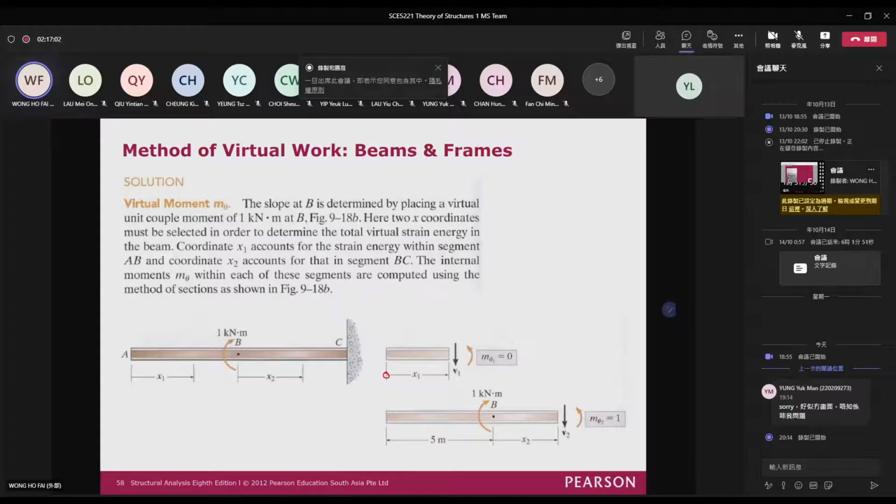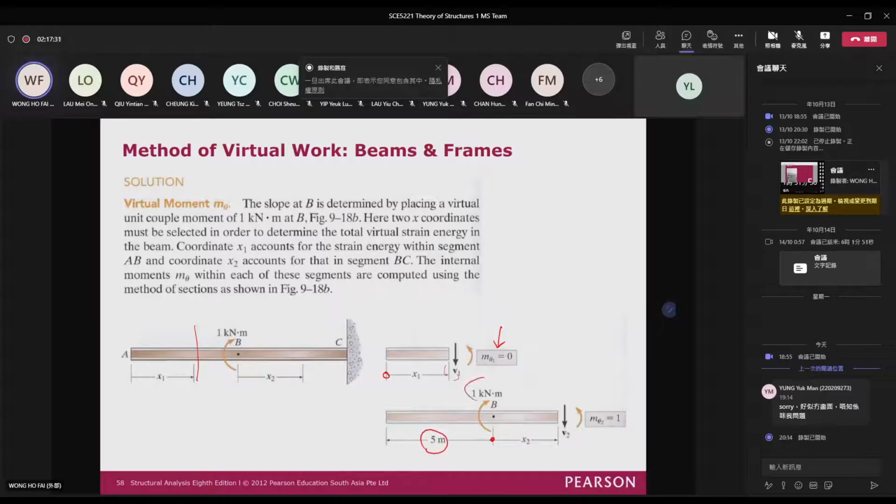And then you can see that if you put the shear here and then the moment here, if you cut the free body here, then you can see that actually there's no loading on the left-hand side of the beam. So the moment will be equal to 0. So this one is straightforward. And then if you cut a section here and you consider the origin is at the point B, then on the left-hand side, actually, there's a 5 meters.